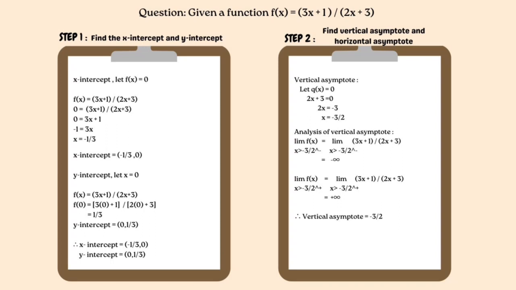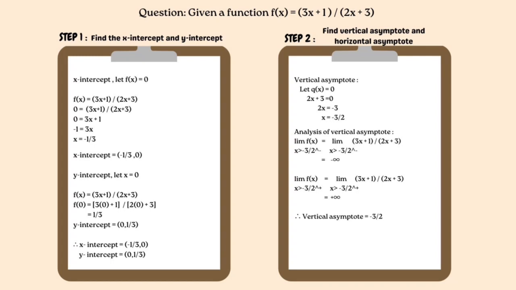Step 2. You need to find the vertical asymptote and horizontal asymptote. For the vertical asymptote, you need to let q(x) equal to 0. So you will get x equals -3/2. So this is the analysis of the vertical asymptote.